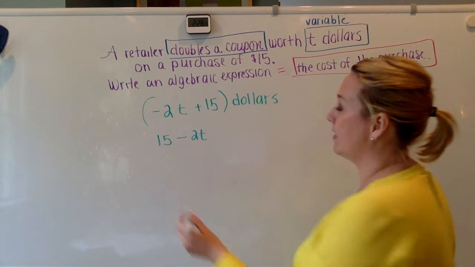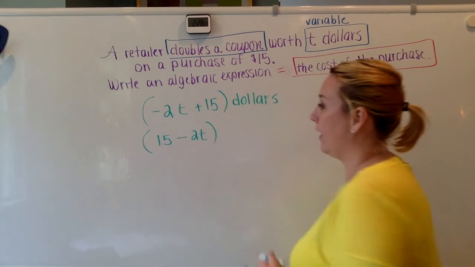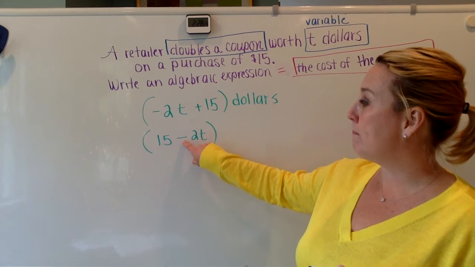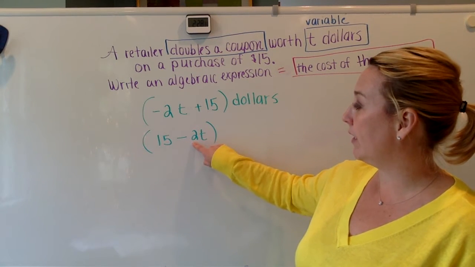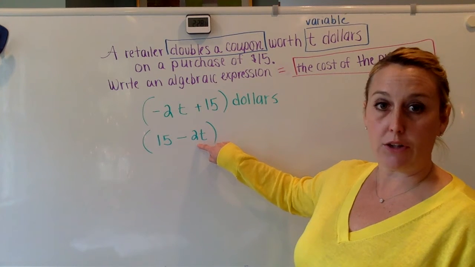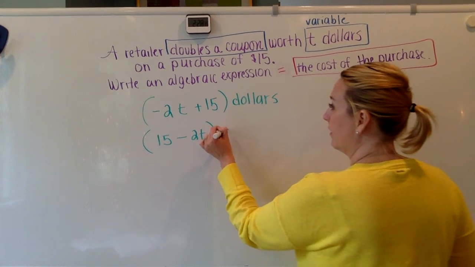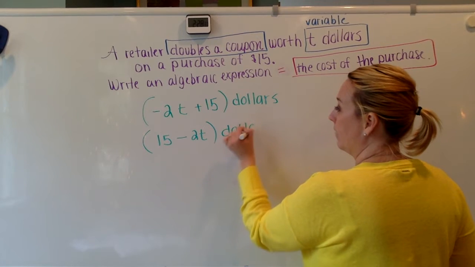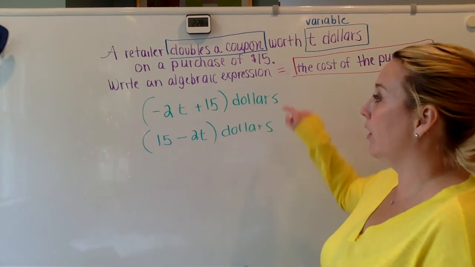You could write it either way. $15 minus the coupon that's doubled the value of t. Either of these expressions would work.